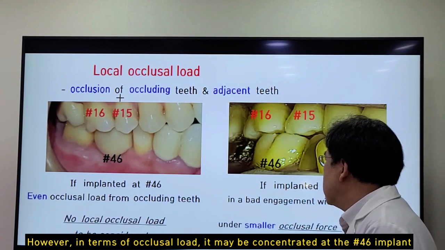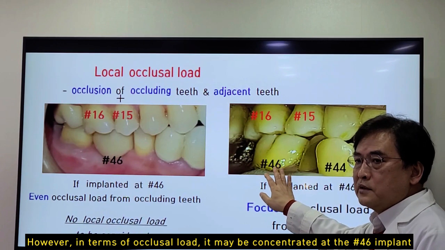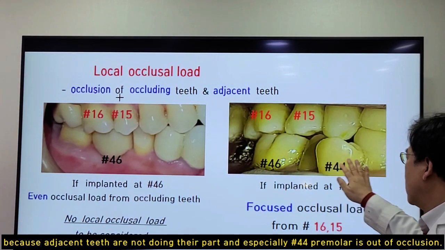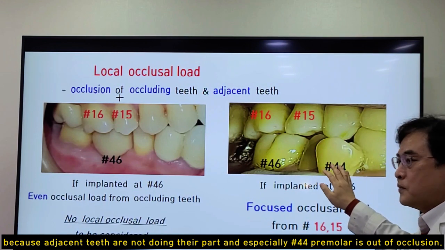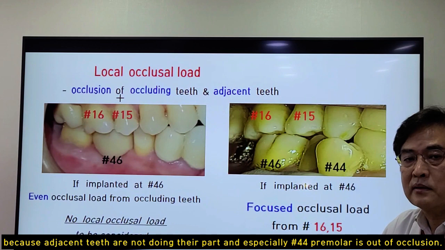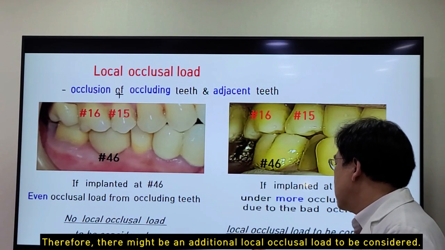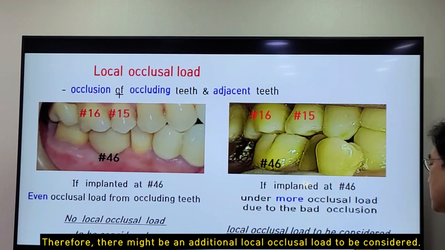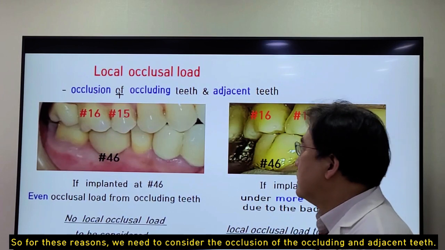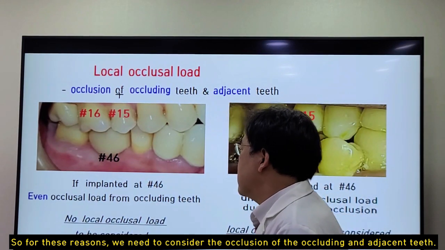However, in terms of occlusal load, it may be concentrated at the 46 implant because the adjacent teeth are not doing their part, and especially the 44 premolar is out of occlusion. Therefore, there might be an additional local occlusal load to be considered. So for these reasons, we need to consider the occlusion of occluding and adjacent teeth.